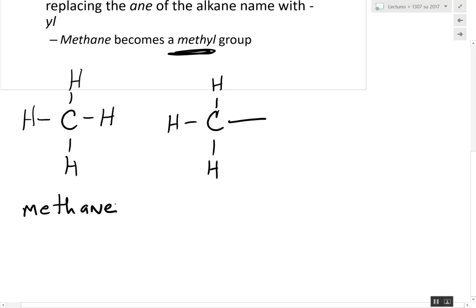That is a compound. This thing right here is a group. It will never stand alone. We're going to take off the ANE and add a YL.